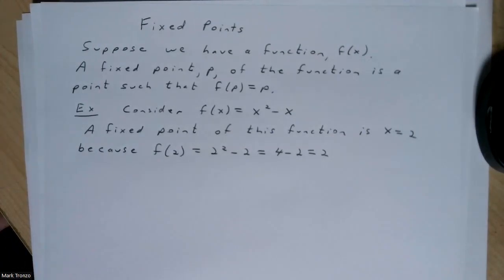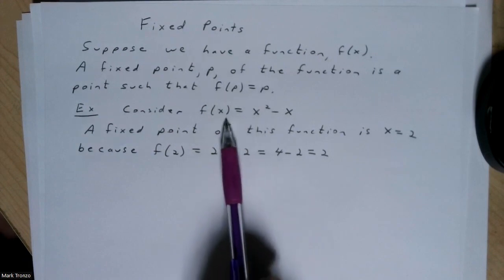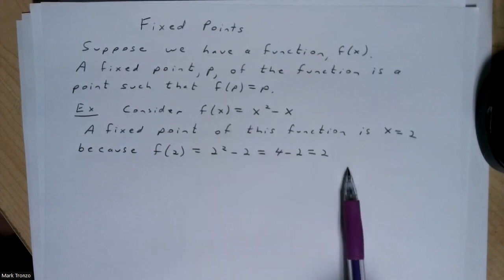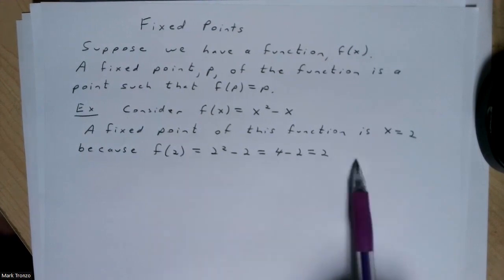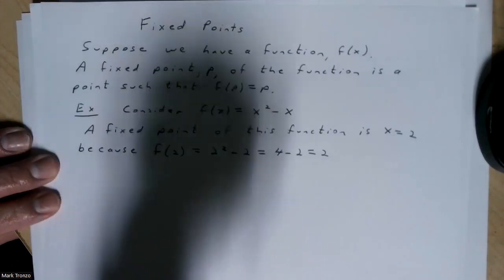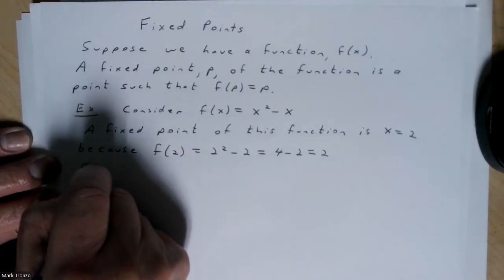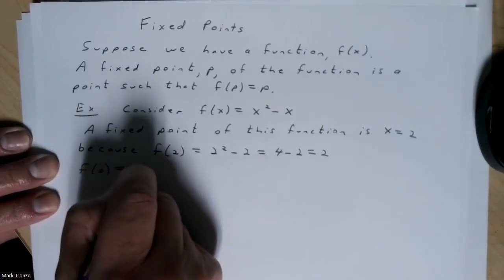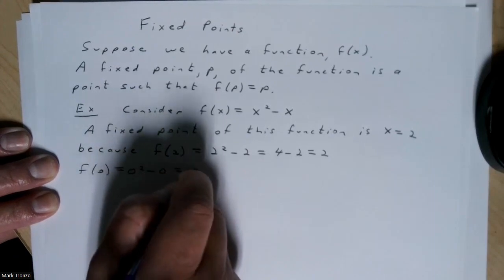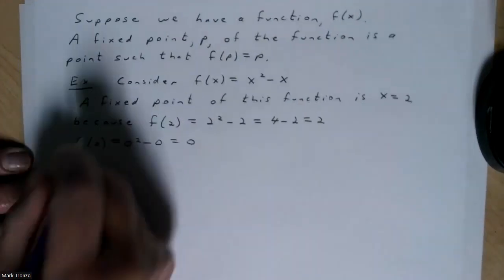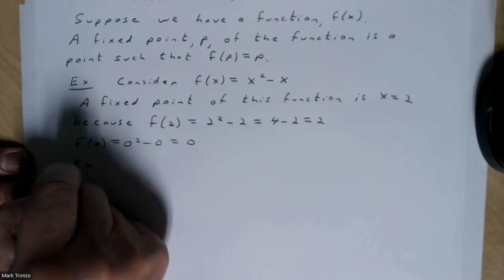So that would be an example of a fixed point. Now, this one also has another fixed point. It looks like if you put 0 in here, you'll get 0 back out. But I just want to give an example. And let me just mention that also f of 0 gives 0.